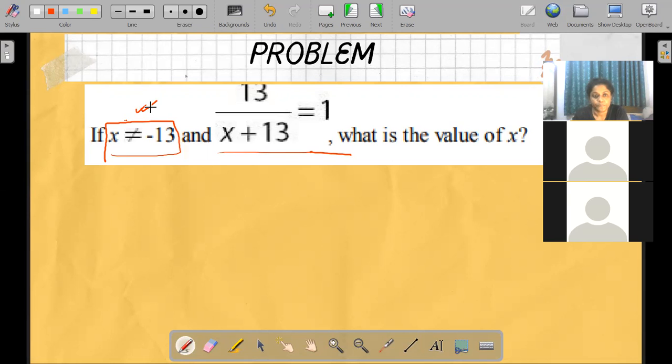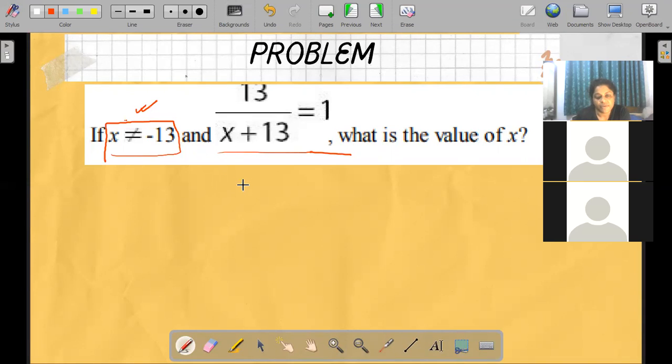x is not equal to minus 13. Why is this given? If x is minus 13, then the lower value will be cancelled and the answer will come out as 13. The answer will come out as? 13. But it will not give the value of x if we consider this x value.